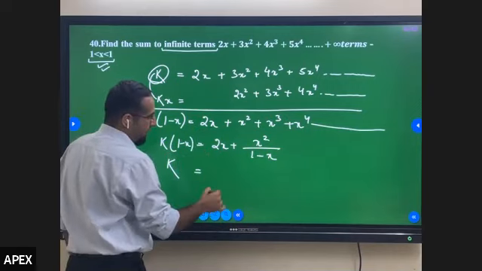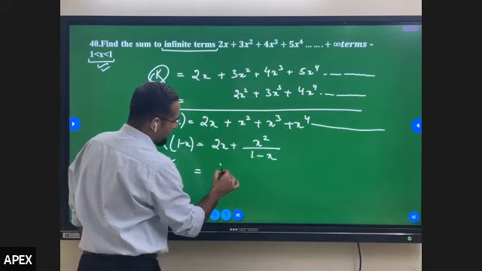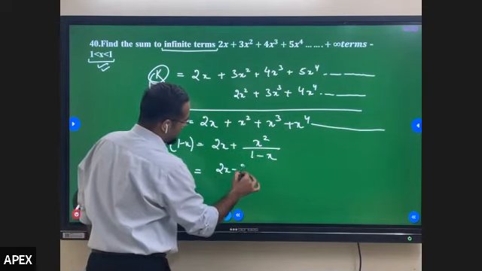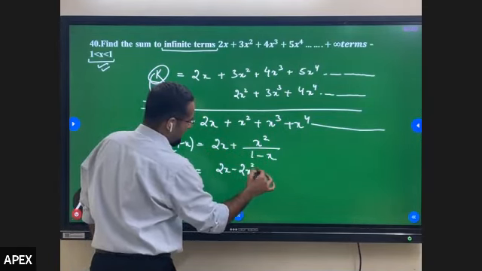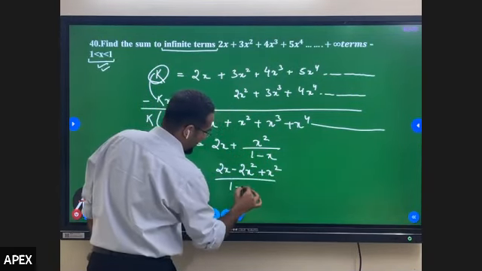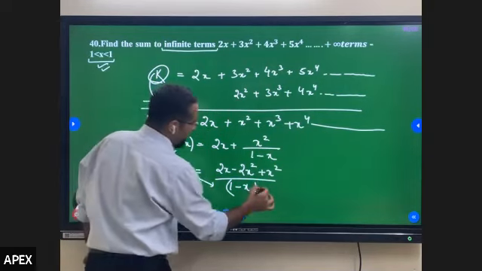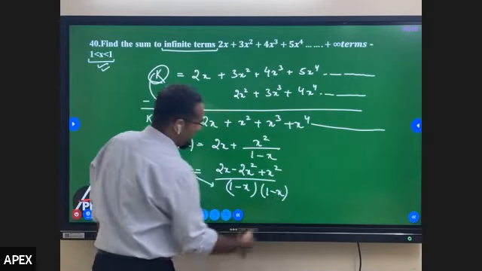So let's equate this: this becomes 2x minus 2x square plus x square divided by 1 minus x, and I'm multiplying the 1 minus x from here.